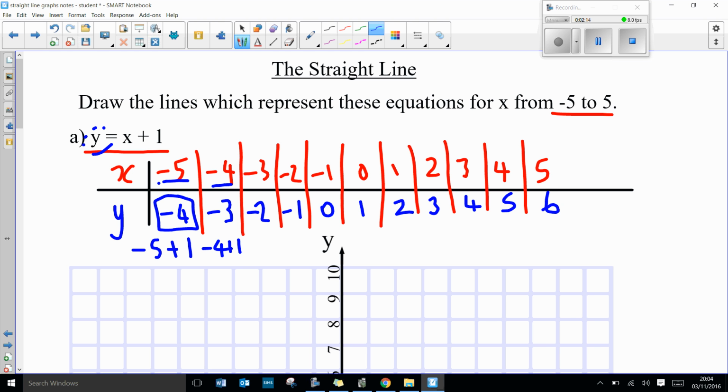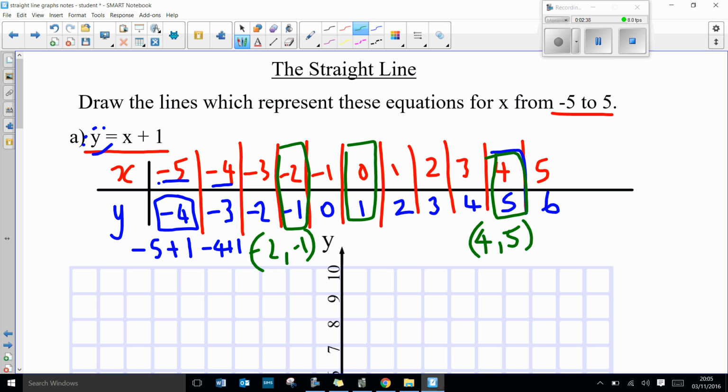Now, I have 11 sets of coordinates. This represents a coordinate of 4, 5. This represents the coordinate -2, -1. This represents the coordinate 0, 1.